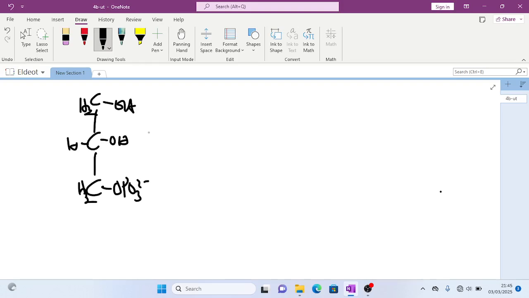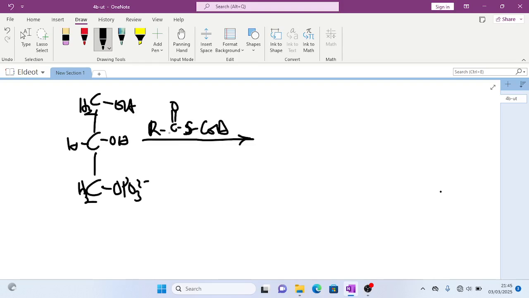Now, the first step of this reaction, you have the acyl group in the presence. The acyl group will be in the form of acyl CoA, some sort of an acyl CoA. If the acyl group is 2 carbon, then you call it acetyl-CoA. If it is 3 carbon, it can be malonyl-CoA or propionyl-CoA.